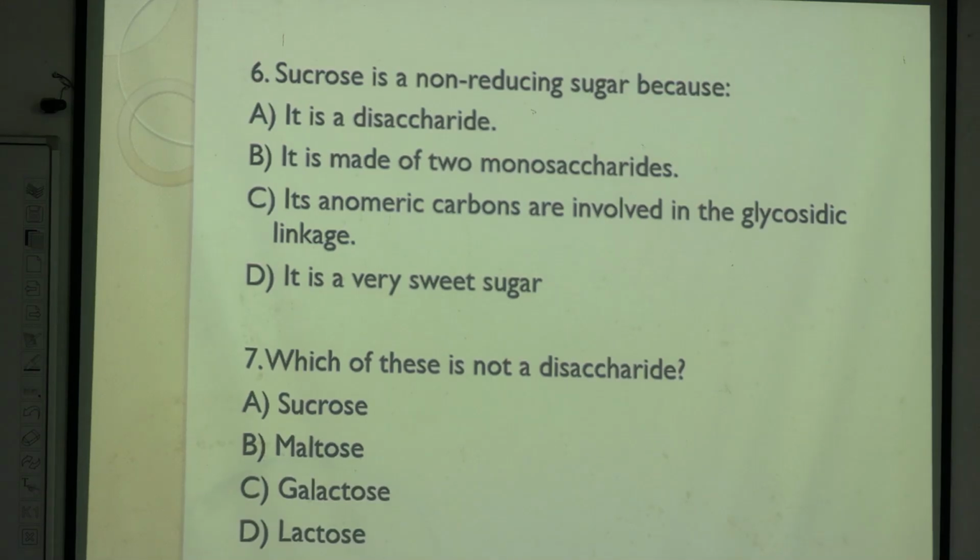Option C, its anomeric carbons are involved in the glycosidic linkage. True. That is the answer. So in case of sucrose, both the anomeric carbons are used for glucose and fructose. And all other disaccharides we saw were linked by 1,4 or 1,6, so the anomeric carbon of the other molecule is always free. So they are reducing. Okay?